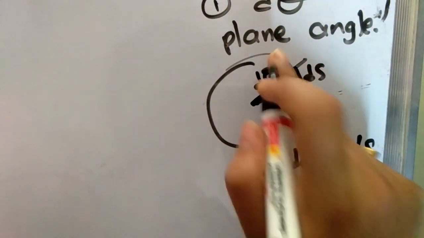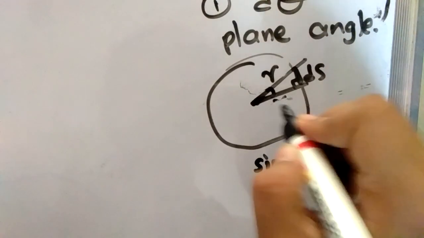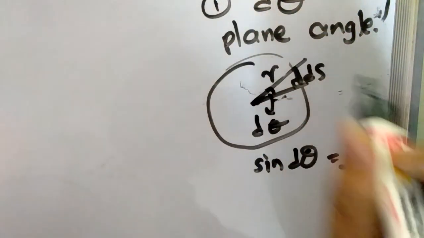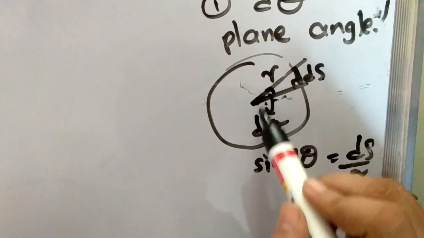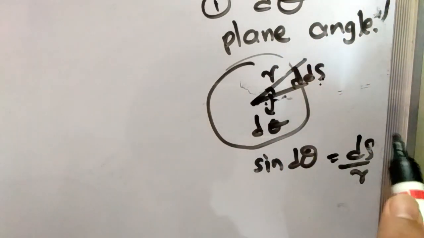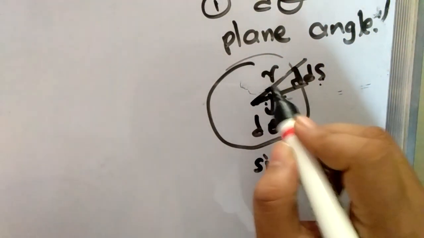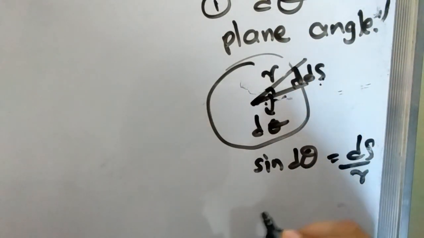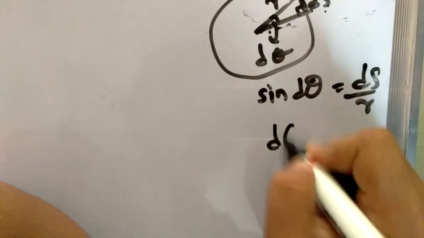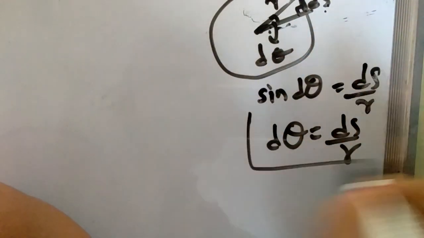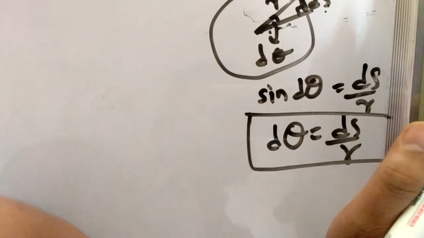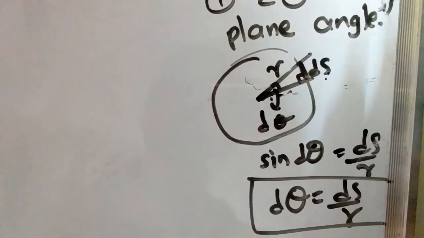You can write r like this, r here, and this is your d theta. So sin d theta is opposite upon hypotenuse, so sin d theta is ds upon r. Then as the d theta is very small, sin d theta will be approximately d theta equal to ds upon r. So this is the formula of plane angle. Then we will see the formula of solid angle.